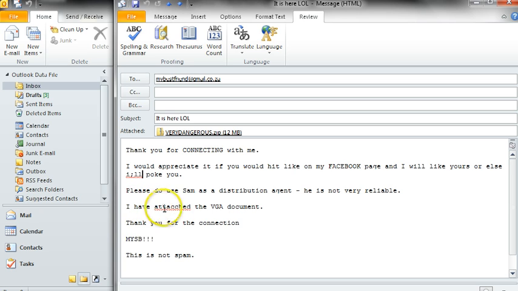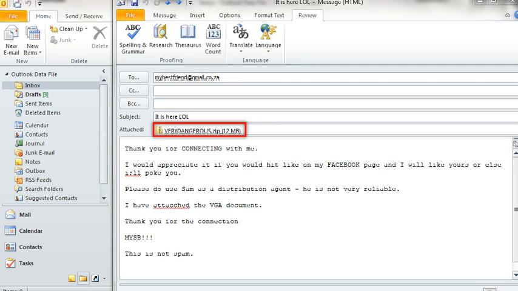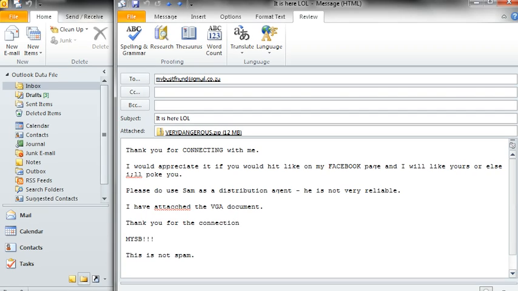"I have attached the VGA document." Two problems with this sentence. There's a spelling mistake in "attached". Note the previous spelling mistake. Also, this person is indicating that the VGA document is attached. This would confuse the receiver on the other side.